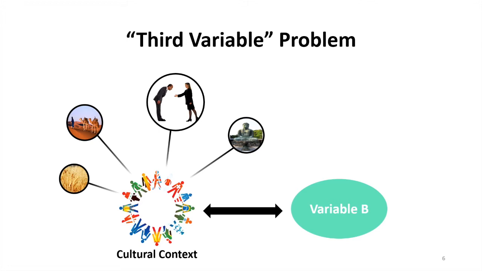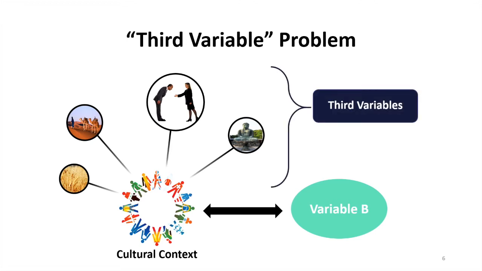Or what about being someone from the United States causes those differences. So this unpackaging of cultures allows us to think about different third variables here, right? Different reasons or mechanisms for why we might see a difference.